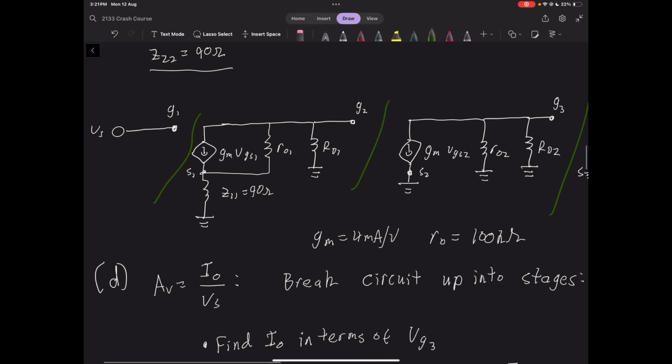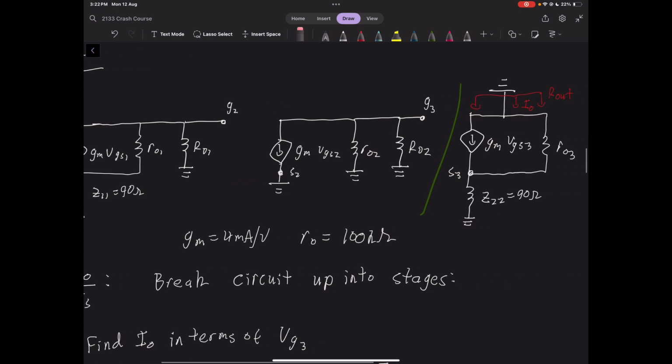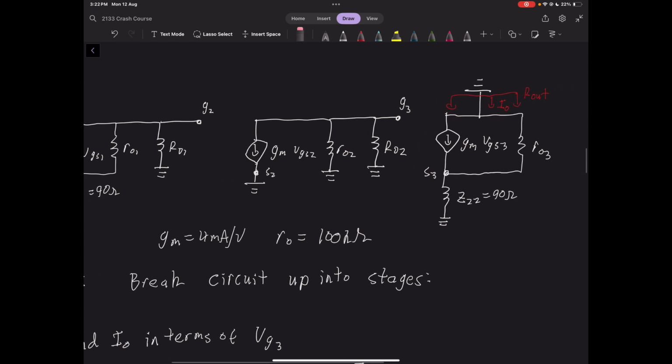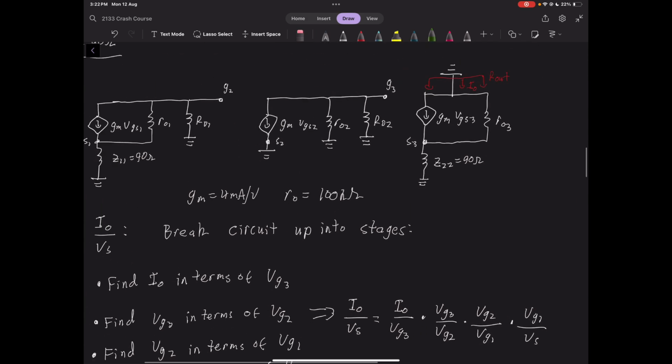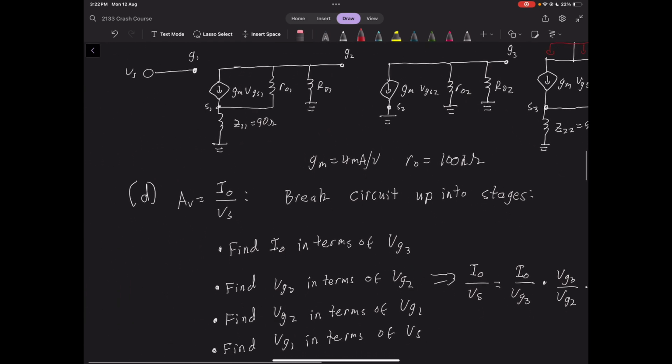So here, VGS1 is obviously VG1 minus VS, and VG1 is up here. So it's through these voltages that these circuits connect together. So a really useful way to approach these circuits is to break it up into stages. So imagine we want to find I out in terms of VS. That's our final goal.